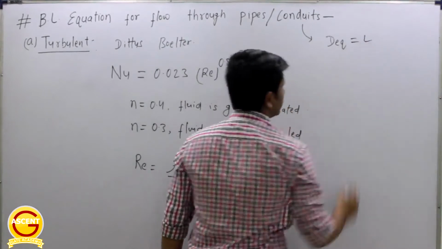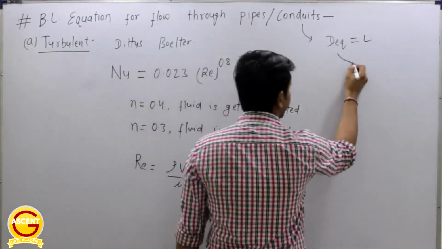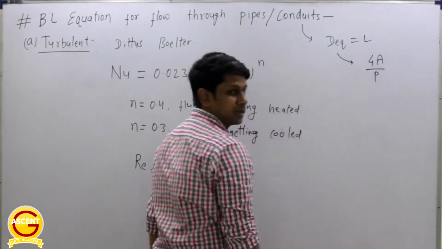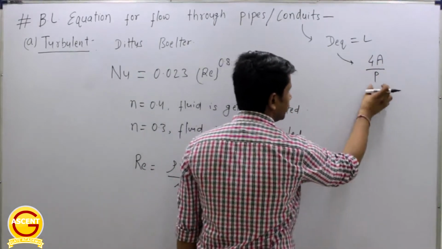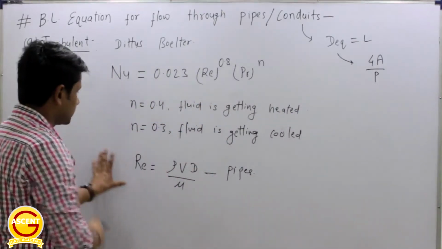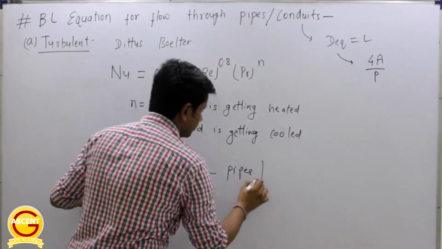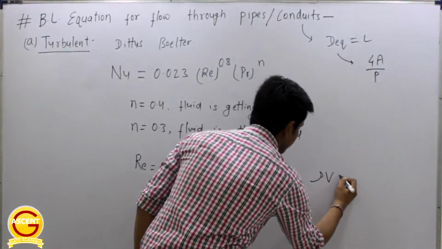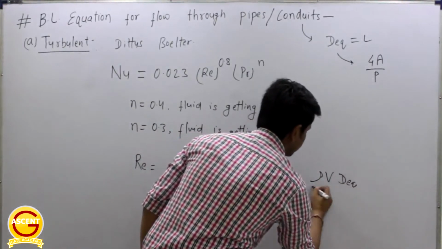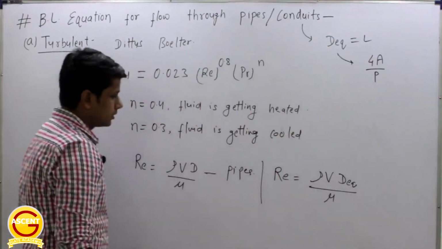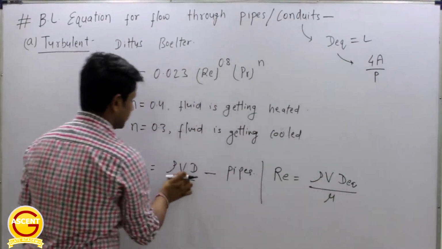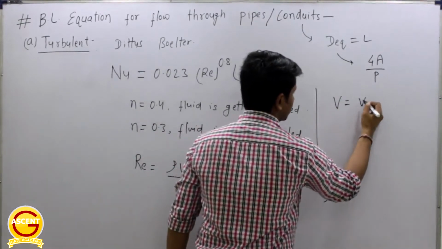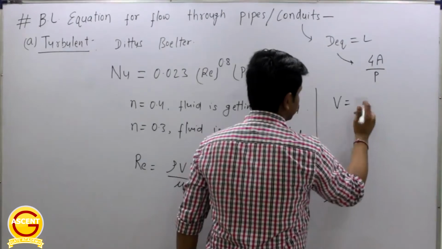So D will be equal to the equivalent diameter, which is given by 4A by P, where A is the cross sectional area and P is the perimeter. So this is for a pipe, and for conduits the Reynolds number will be rho V D equivalent divided by mu, where V is the average velocity. All the concepts are the same.